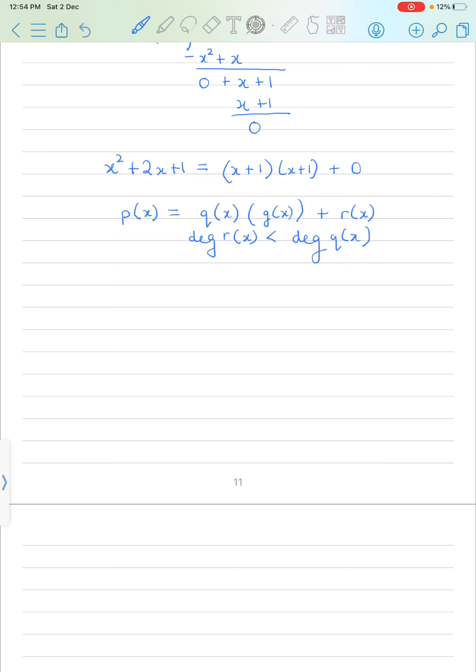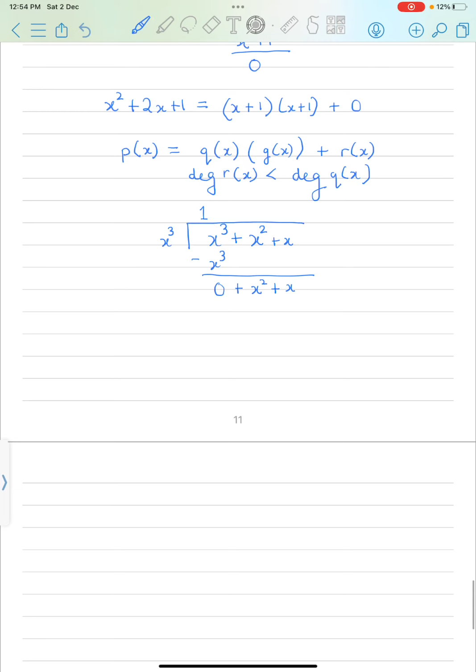Let's take another example. Maybe let's say x cube plus x square plus x, and I want to divide it by, let's say, x cube. In this case, you will take 1, then you will get x cube, subtract it, and you will get 0, so the remainder will be x square plus x.